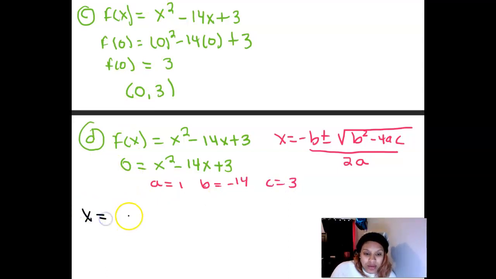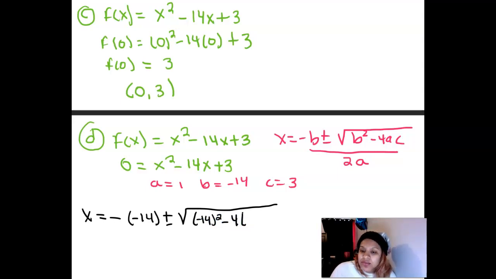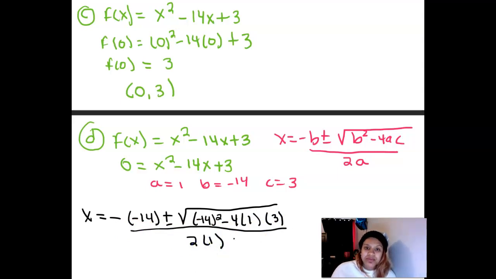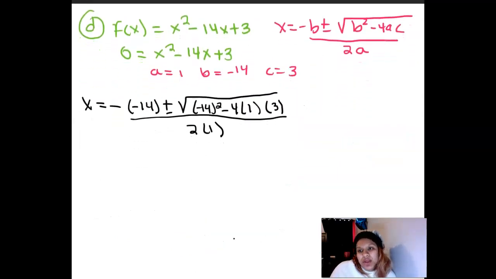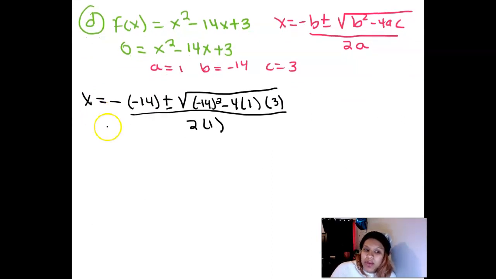We have x equals negative 14 plus or minus the square root of negative 14 squared minus 4 times A times C. Yes, AC. Negative times a negative gives you a positive.